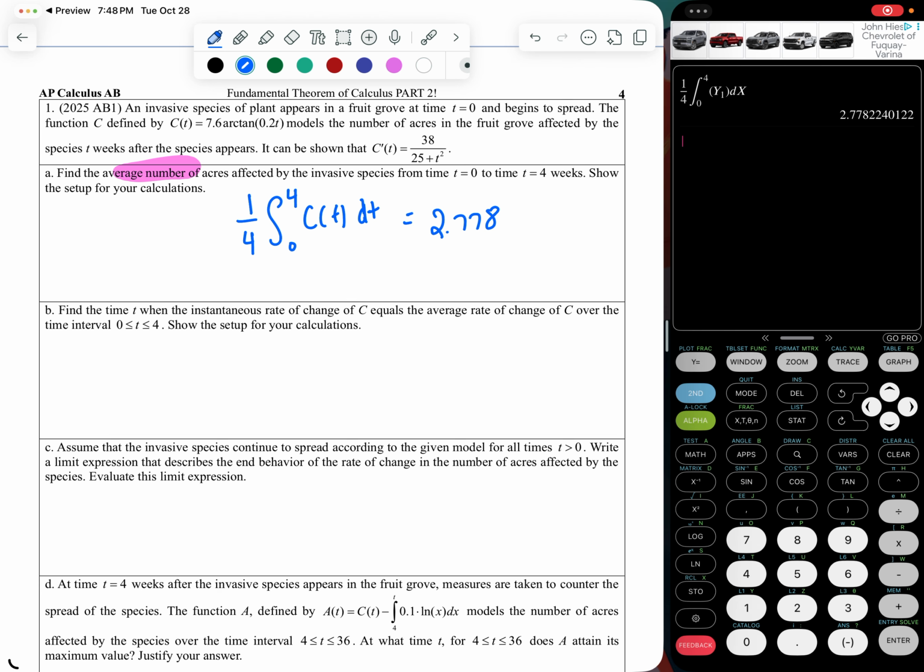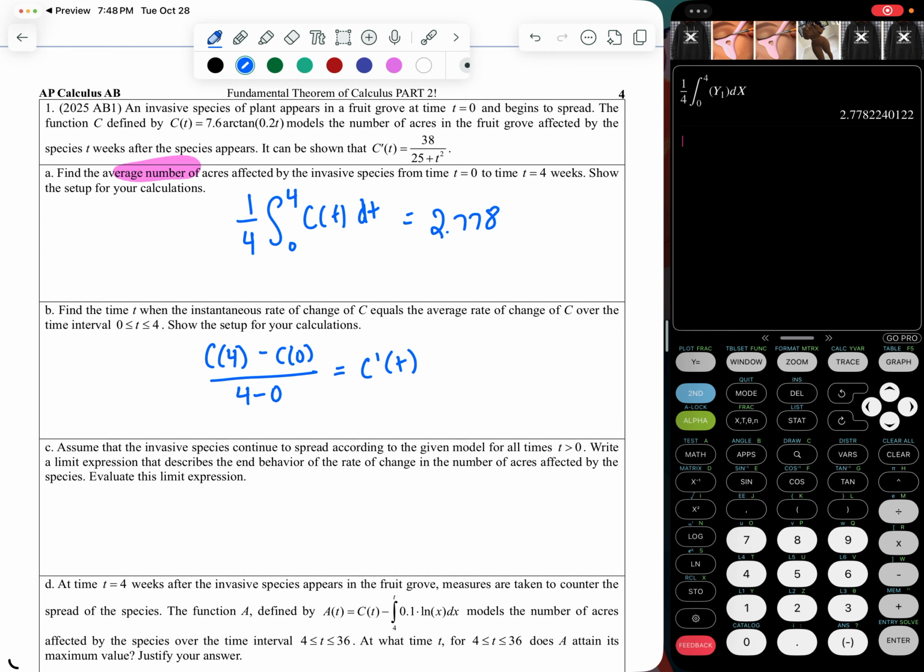Whenever it says show the setup, you do not need to give me the numerical answer. The setup would just be C of 4 minus C of 0 over 4 minus 0. That's my average rate of change. And then I have my instantaneous rate of change, right there.